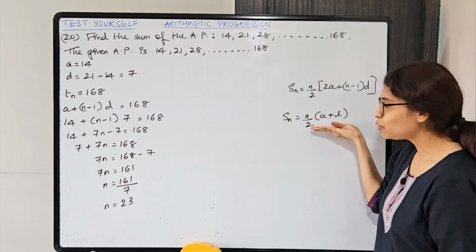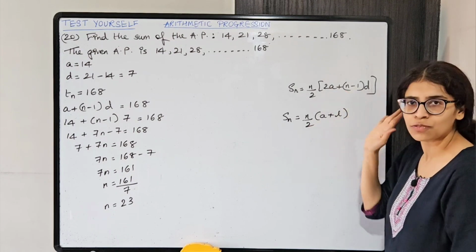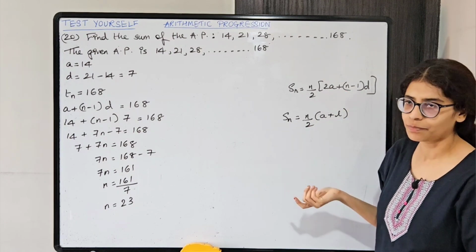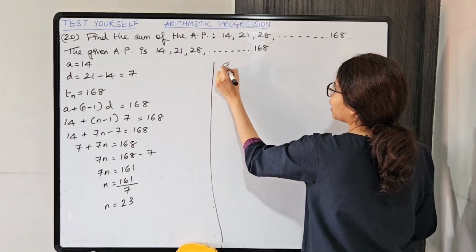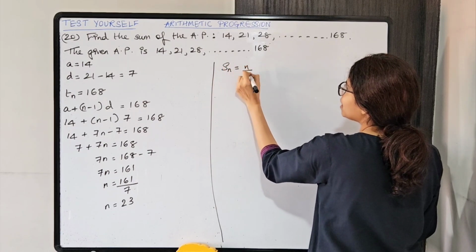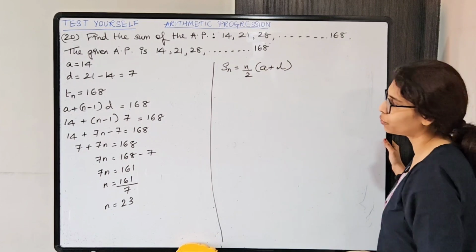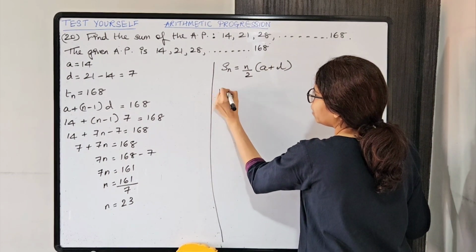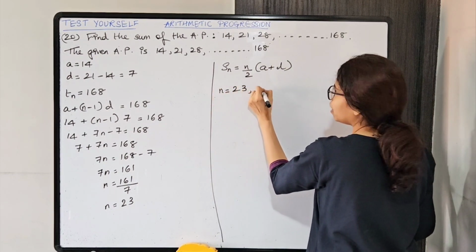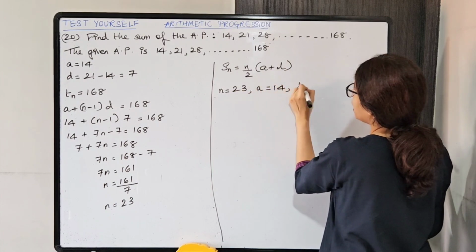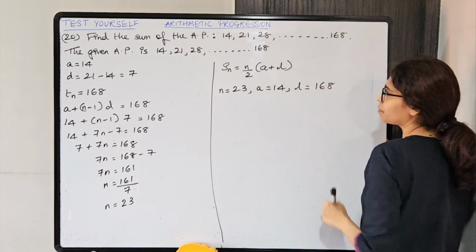Okay. So I'll be using this formula. You can use the first one also. It's your choice. Okay. So I am using the formula Sn is n by 2 into A plus L. You can use the other formula also. Okay. So n is 23, A is 14 and L is 168.